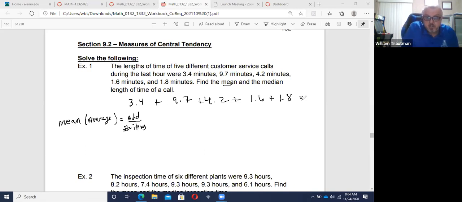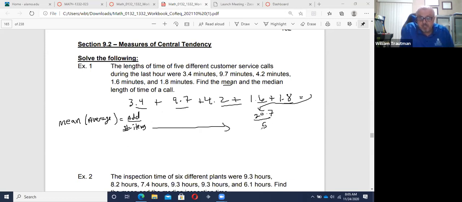When I add them all up, I get 20.7 if I added them correctly. Looks like I did. And there are 1, 2, 3, 4, 5 numbers. The number of items is 5.